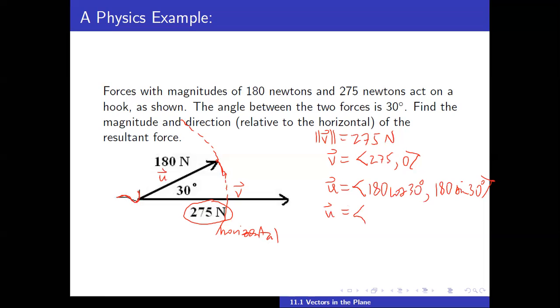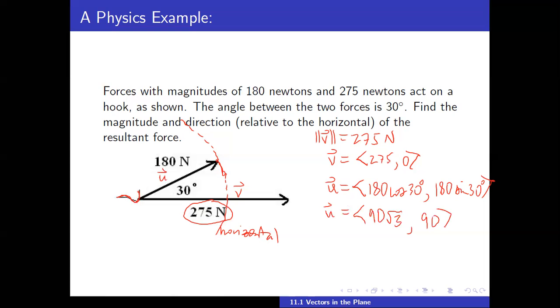So that means it's going to be 90 radical 3 in the x-coordinate. And what's it going to be in the y-coordinate? What is the sine of 30 degrees? 1/2. 1/2 times 180 is 90. Yeah? So there are the coordinates of this vector. And again, all units are in terms of newtons right now.